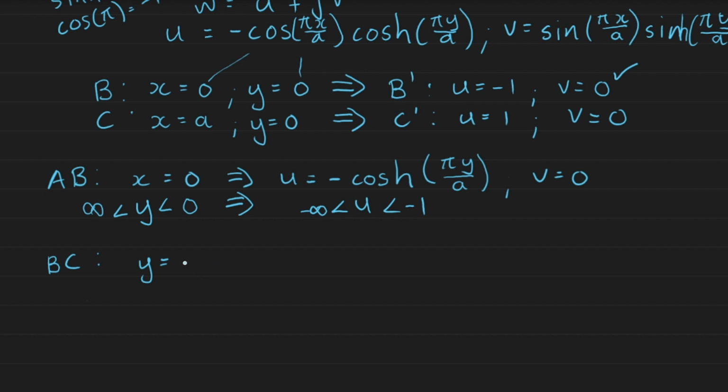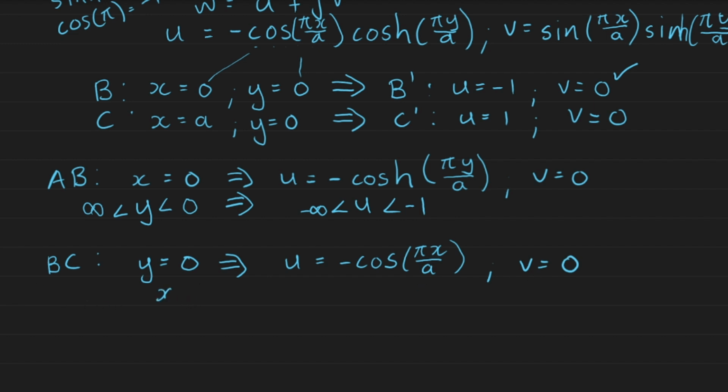What that implies is that u is equal to minus cos pi x over a. If we just substitute in 0 here, we can see that cos of 0 is 1. So we're left with just the term with the minus cos. And of course, v is equal to 0.